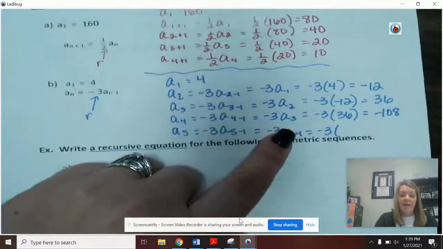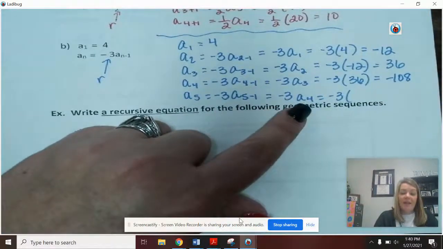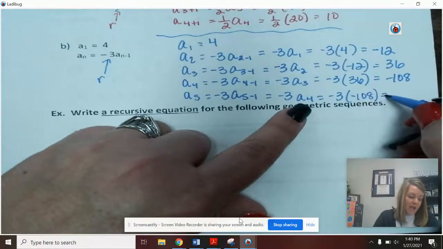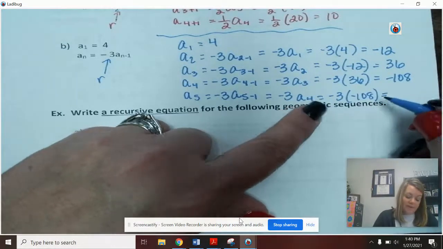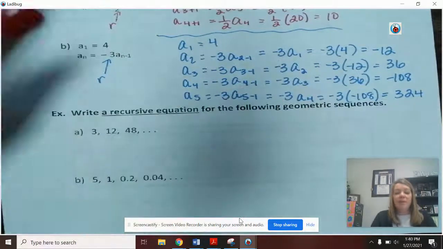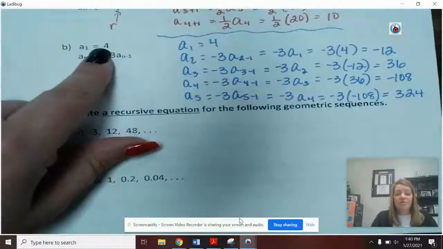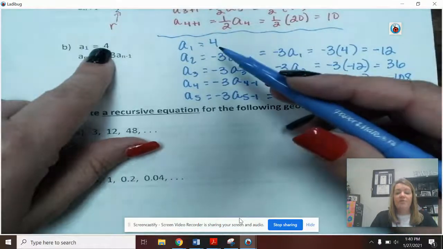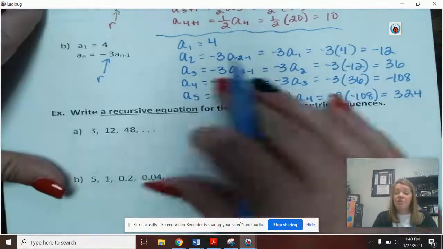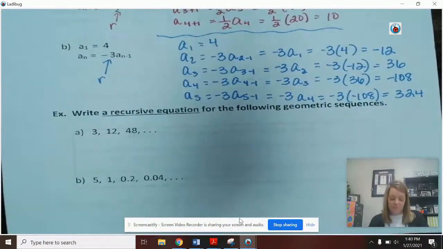And then I have -3 times a sub 4. A sub 4 is -108. So my a sub 5 is negative times negative is positive 324. So again, yes, the solution is to take the 4, which is the first term, times -3, times -3, times -3, times -3. Okay, I'm just showing you how the recursive formula works.